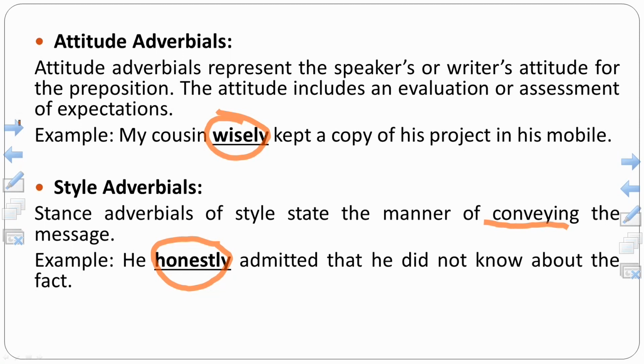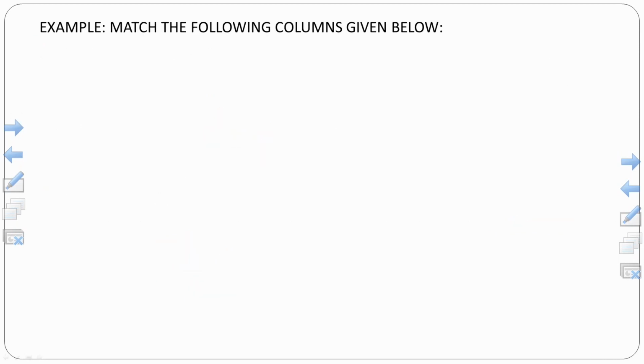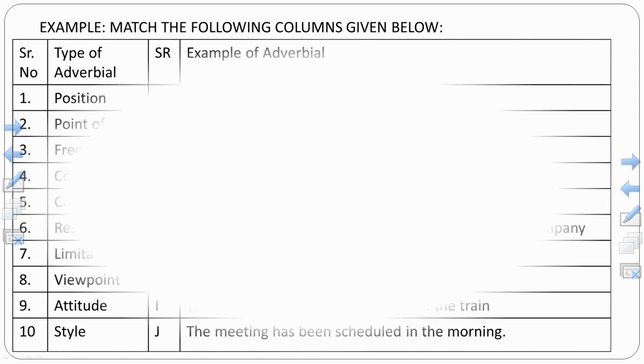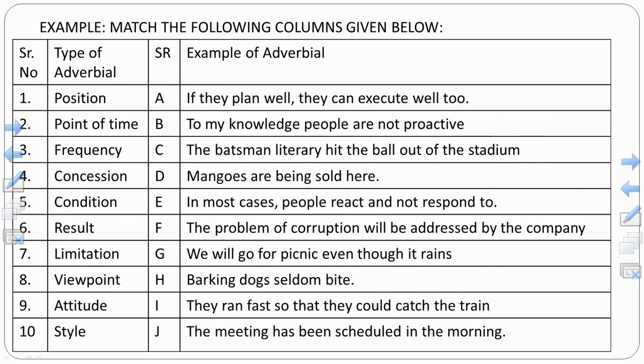Now, let's do some exercise of what we have learned so far. So now here the types of adverbials are given, and on the other side we have the examples of adverbials.